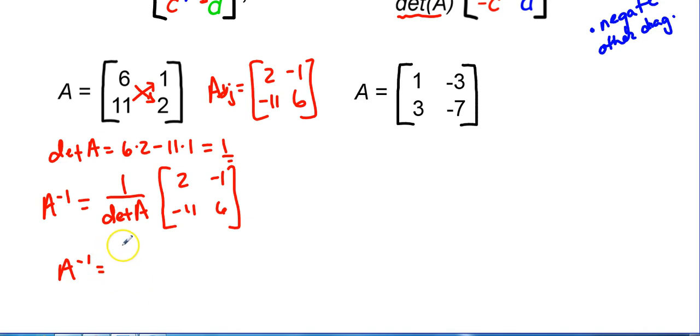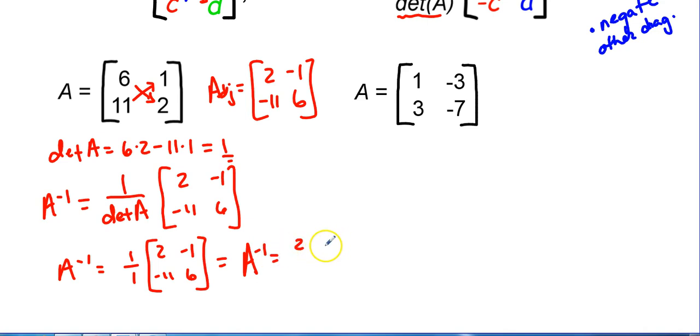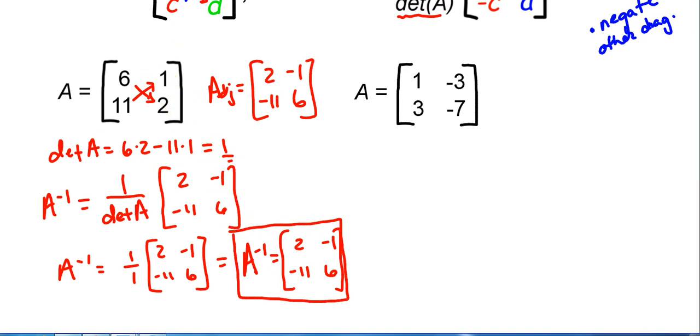I can find my inverse by taking 1 over 1, which is just 1, and multiplying it by that adjoint matrix. So my inverse is 2, -1, -11, and 6. Nice and easy because our determinant didn't get real ugly there. It was nice and clean. A nice simple example to start us off.